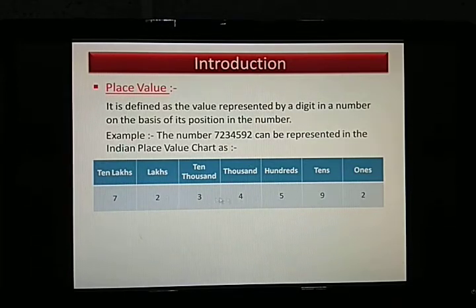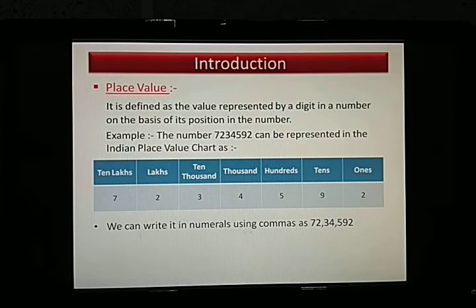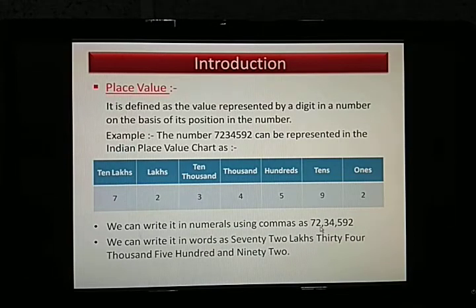Now accordingly, after placing the number, we can write it in numerals. In numerals, we can write it down by using the commas. We all know where to put the comma. After 3 places, comma, then rest will be after 2 places. And if we have to spell it in words, we all know it is 72 lakhs 34,592.